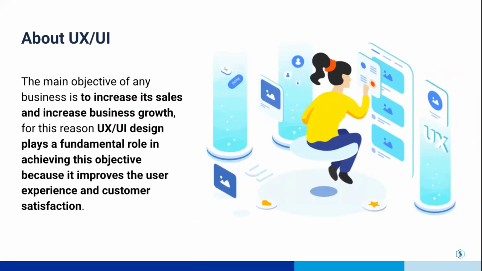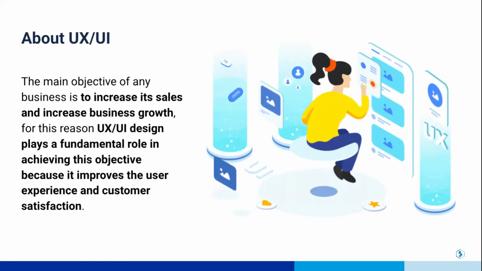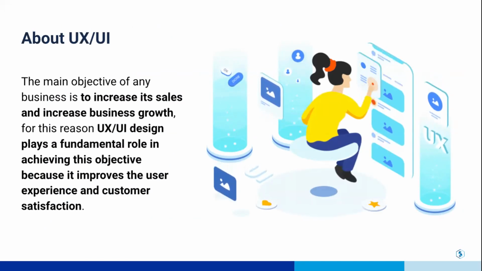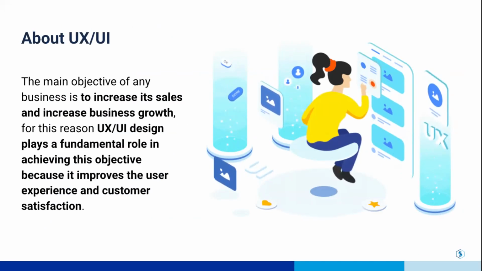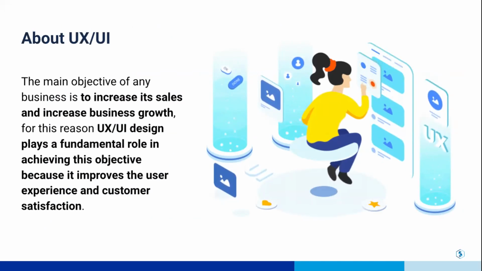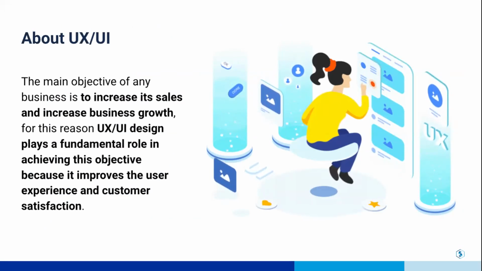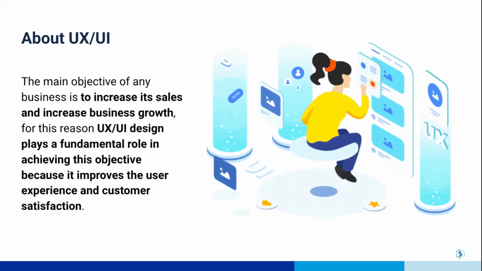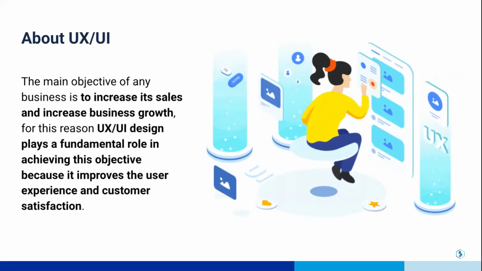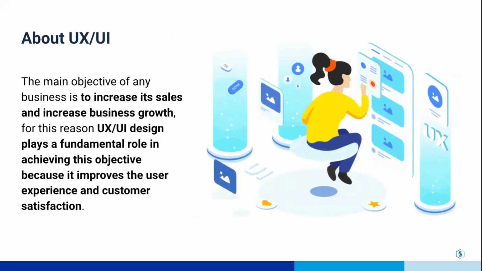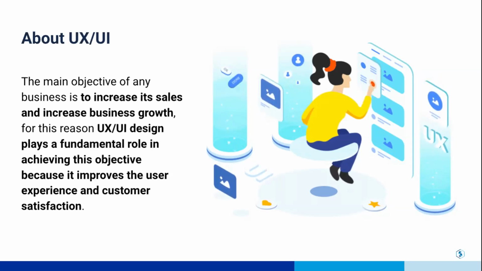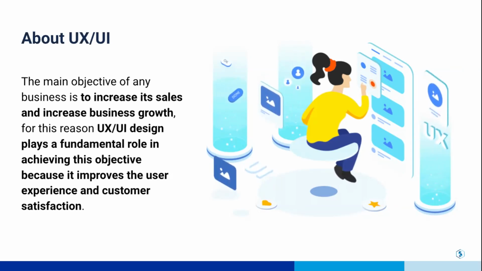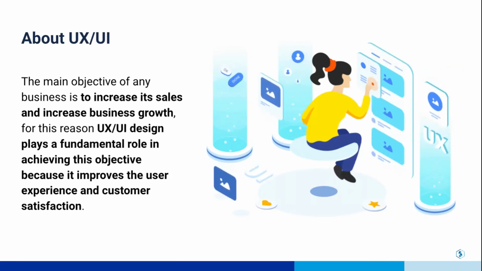We know that the main objective of any business is to increase its sales and business growth. For this reason, UX UI design plays a fundamental role in achieving these objectives because it improves the user experience and customer satisfaction. This attracts a greater number of people to use the product and services, and UX UI design helps gain consumer trust and makes them use your app or website by giving your user what they are looking for.